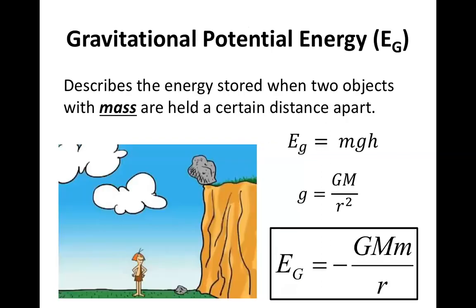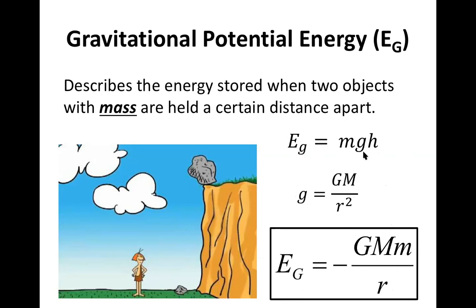For gravitational potential energy, EG, it describes the energy stored when 2 objects with mass are held a certain distance apart. So EG equals mgh. This is an equation we've known from before, but for that constant g, we can sub in the field strength equation and see a more full gravitational potential energy equation that would be valid anywhere in the universe, as long as we have the mass and the radius of the planet, or the center to center distance of the planet and, like, the moon or the satellite.